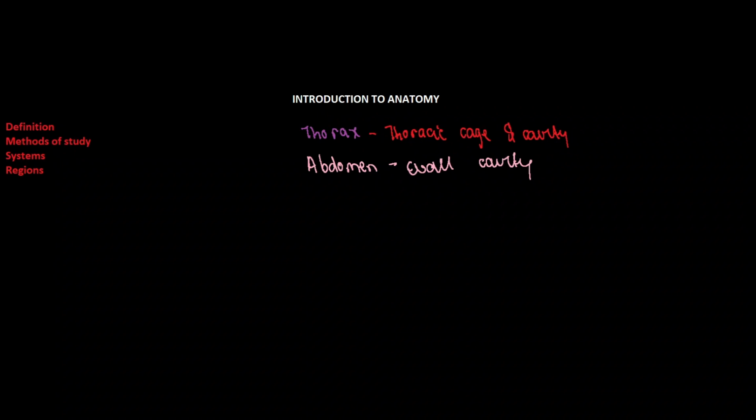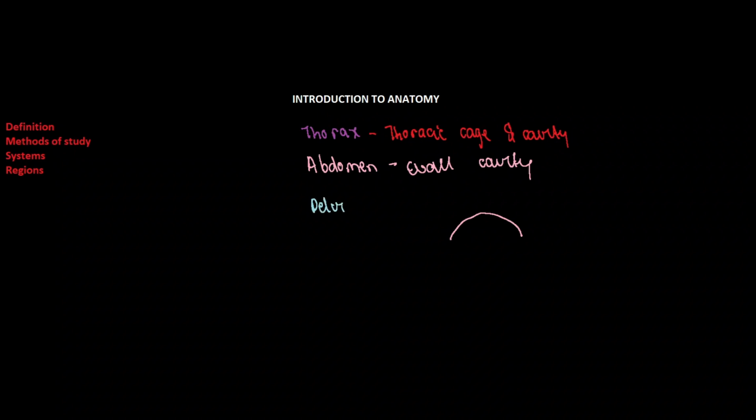The abdominal wall is made of supporting muscular tissues and other supporting tissues, and it's separated from the thoracic region by the diaphragm. The diaphragm is a dome-shaped muscle that separates the thoracic cavity from the abdominal region. In the abdominal region we have the stomach, the liver, kidney, and some other structures.